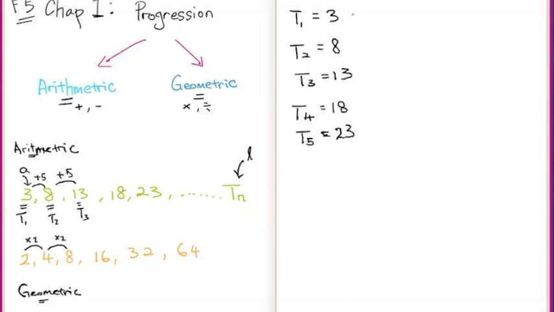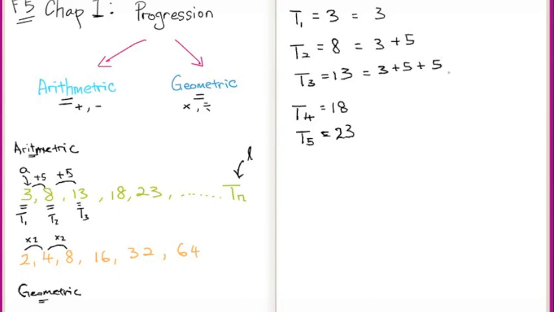So here, that would be 3. Look at the next one: this is 3 plus 5. This number would be the previous number plus the common difference. In arithmetic progression, you have a common difference because 5 is added to the previous number to get the next number. So here would be 3 plus 5 plus 5. 3 plus 5 is the previous number plus 5.